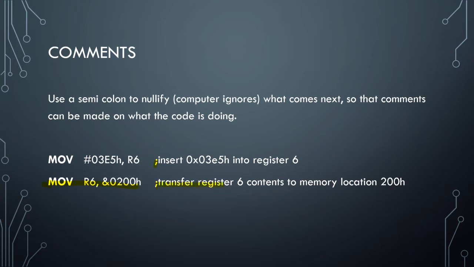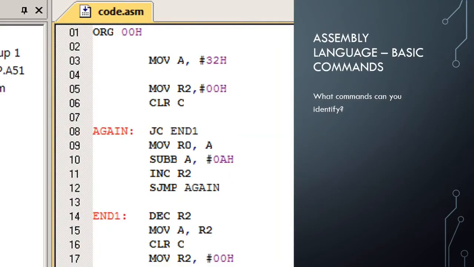And this comment reminds me that I'm just adding the register 6 contents to the memory location 200 in hexadecimal. So as you're programming, you should be using comments to indicate what's going on, to remind yourself what's going on, and to show me that you understand what's going on. This is just a snippet of an assembly language code to kind of get some command recognition.